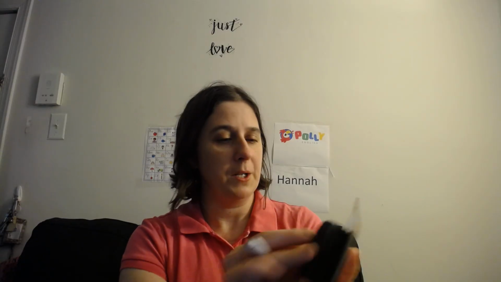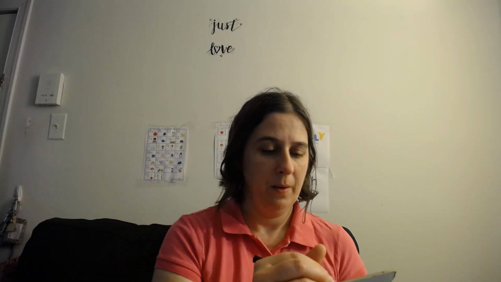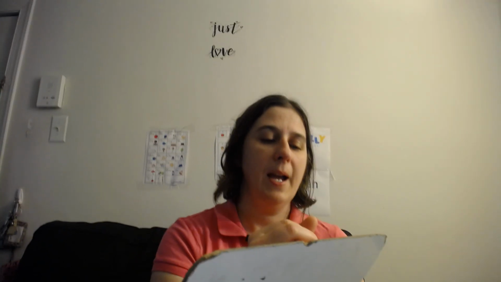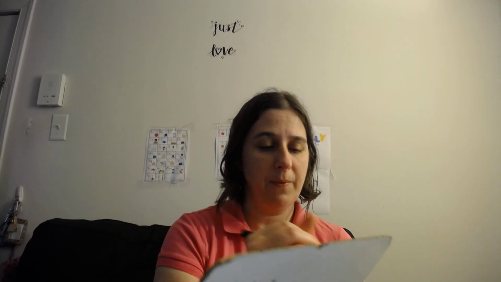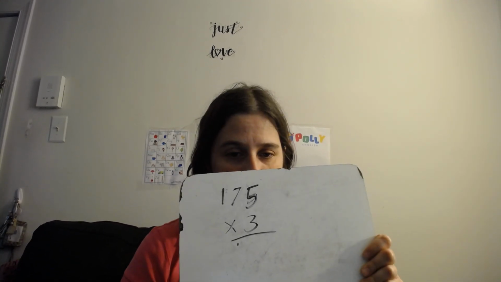Now we'll do one more example of area model using a 3-digit number. So I'll do 175, and I'm going to multiply that by 3. Magic number for those of you that know the Schools Rock videos. So 175 by 3.